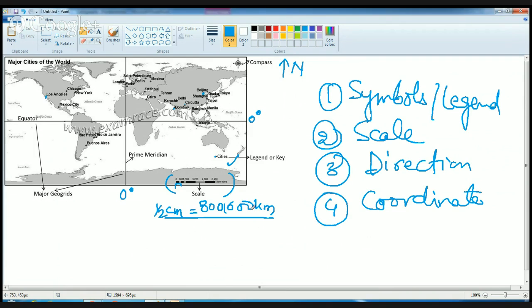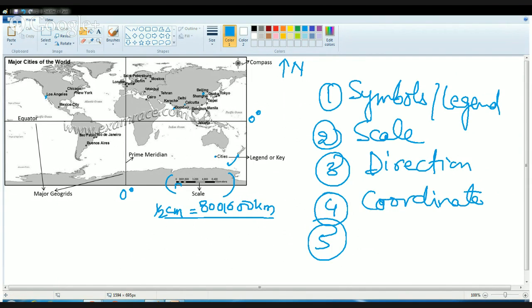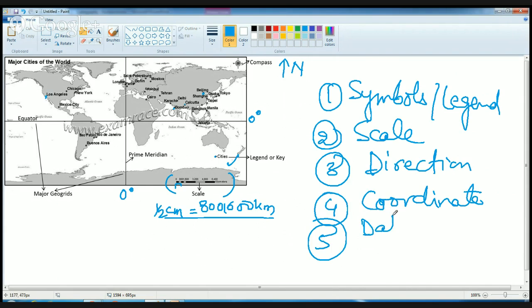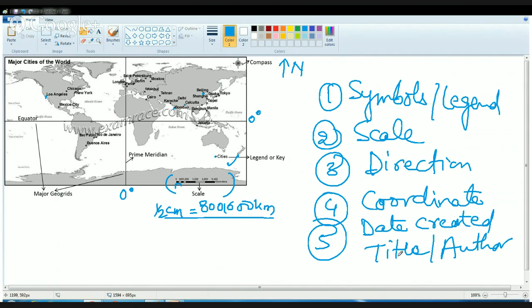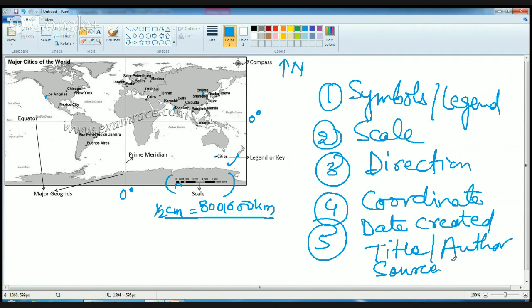And what is not mentioned here but is important is date created, title, author, and then you have the source information. So these are some of the important elements that are a must for any map.